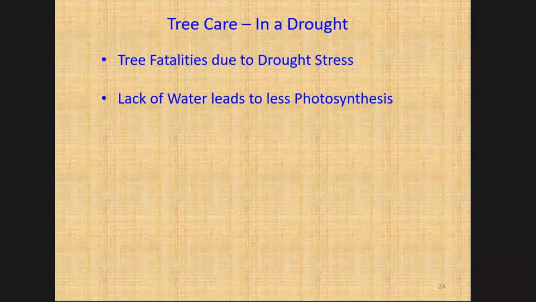So trees are struggling now because they're losing their leaves, so they're not getting as much photosynthesis happening, right? They need that water to transport it, but also for the chemical reaction that puts them in a position to use those nutrients that are created. And without water, we're not getting that photosynthesis.